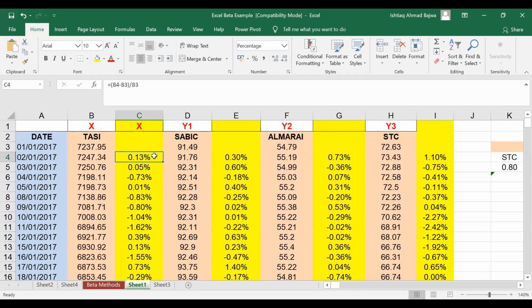See, this is the return. How did we calculate this return? It is the last price minus the first price divided by the first price. This is how we calculate the return.